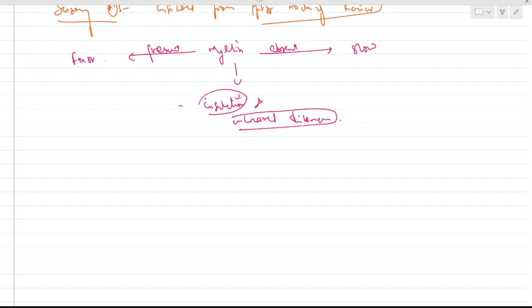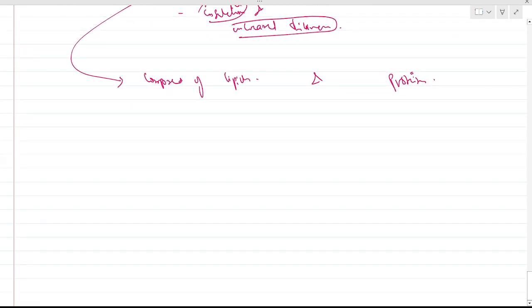Okay, now this myelin is composed of lipids and proteins. Now which lipids and proteins we are going to see here. Lipids are 80%, proteins are 20%. Okay, what the lipids and proteins are, we are going to see here.